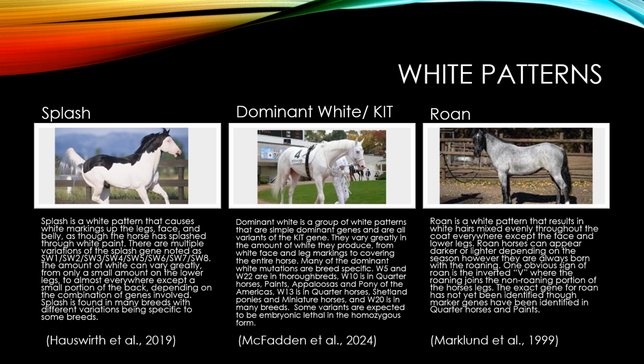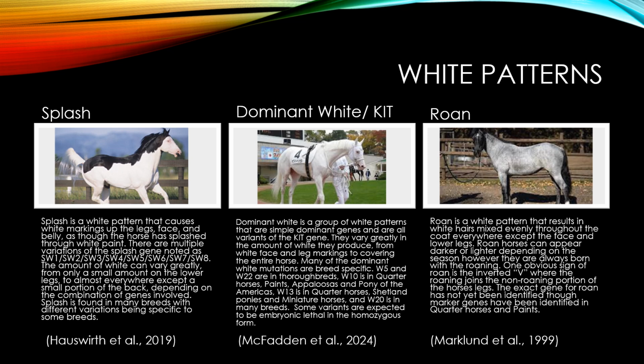Dominant white is a group of white patterns that are all variations of the KIT gene. They vary greatly in the amount of white they produce, from white face and leg markings to covering the entire horse. Many of the dominant white mutations are breed specific. Like in the picture here, we have the white Thoroughbred, which is either white 5 or white 22.